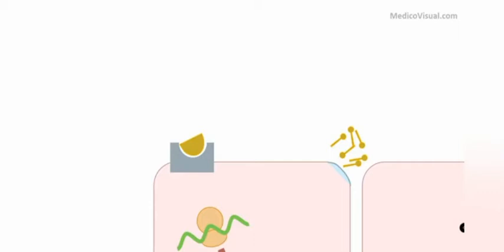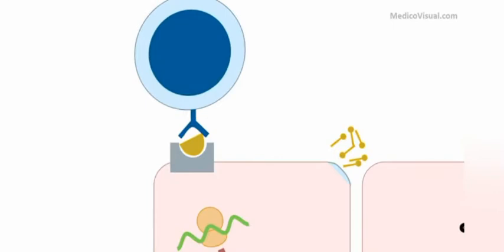Somehow a cytotoxic T cell which may be specific for this S protein may come across it randomly, and it will bind with its T cell receptor, its TCR. It will bind with this MHC1 bound S protein fragment, the MHC1 bound antigen, and it will become active.